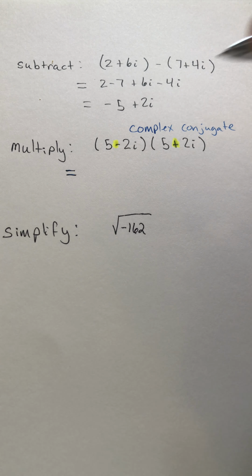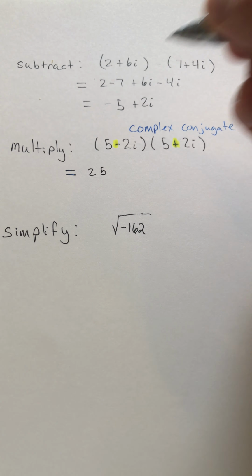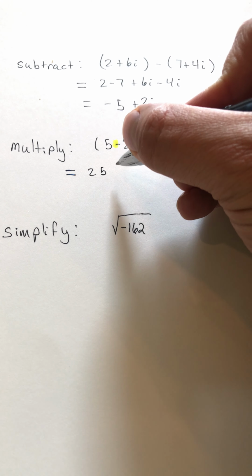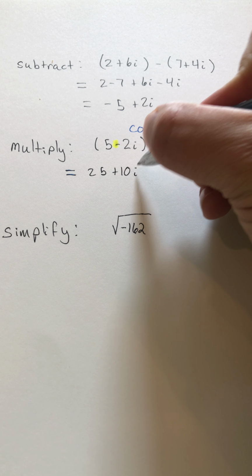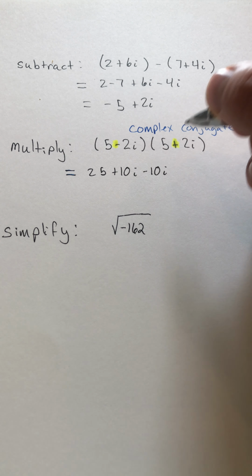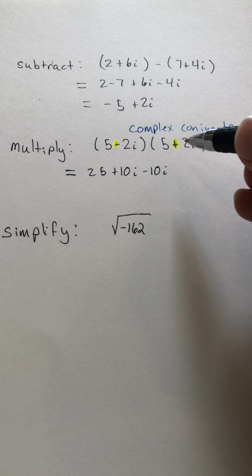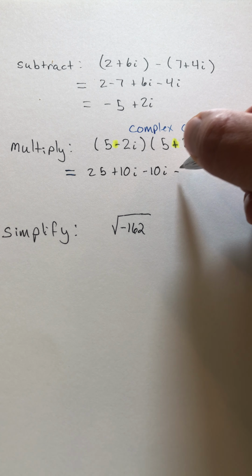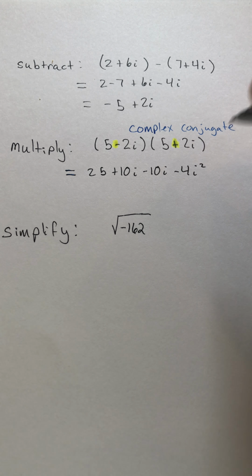5 times 5 is 25. 5 times positive 2i is 10i. Negative 2i times 5 is negative 10i. And then negative 2i times positive 2i is minus 4i squared.